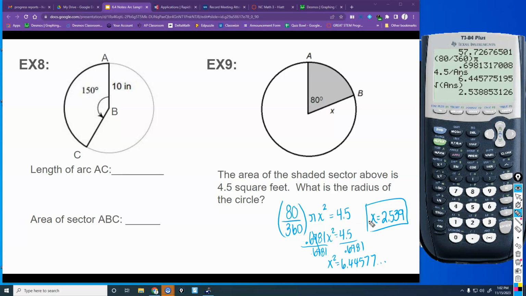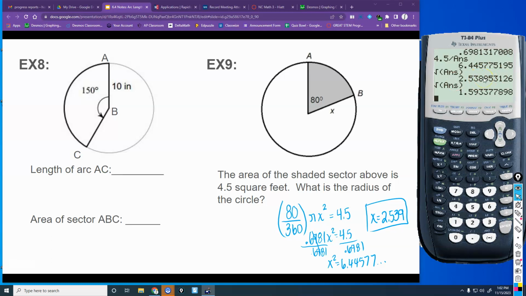Okay, questions? Yes. The answer, like I'm doing right there, if you do second and the negative key, it'll pull that answer up. But it's pulling the answer from the line before, so like I would not want to do square root second answer now. It would give me the wrong answer because it's taking the square root of that line.